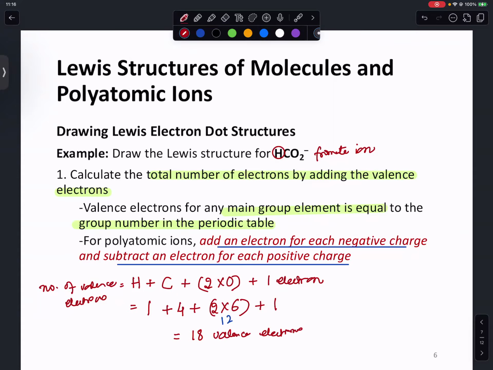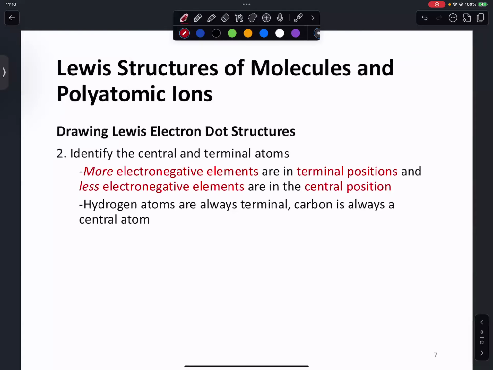Okay. Now, next step is we're going to identify the central and terminal atoms. So how can I now decide which is going to be my central atom and which is going to be my terminal atom?